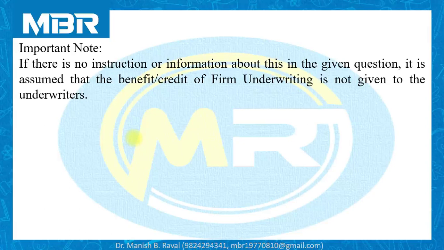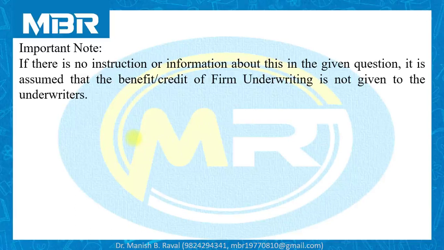In the examination, examiner will provide you each and every detail in the question. It is your role to refer to the question very properly. If instruction is given, we will provide benefit or credit of firm underwriting to the underwriters. If no instruction is given, we will not give any kind of benefit or credit of firm underwriting to the underwriters.